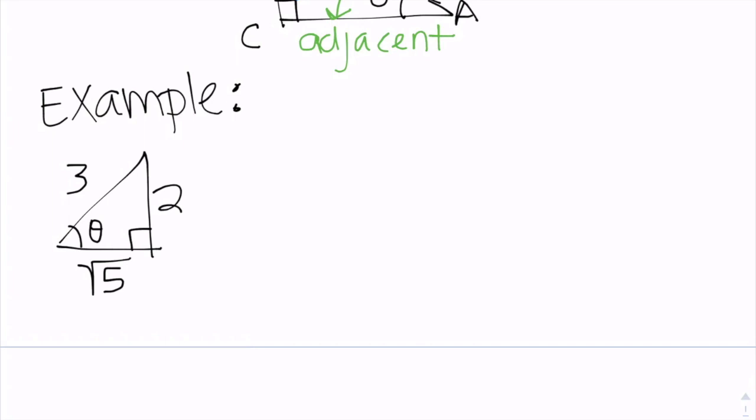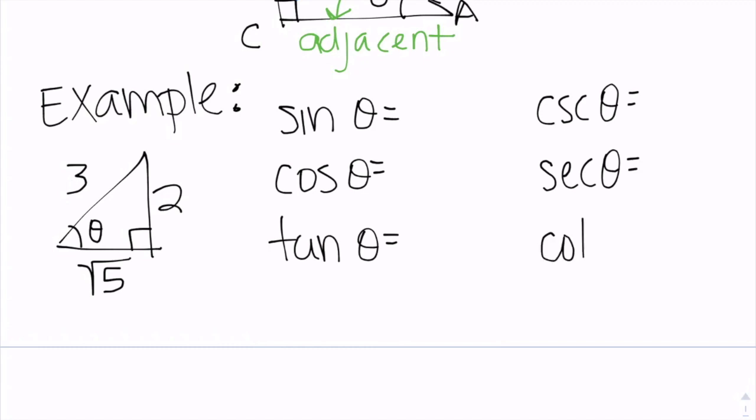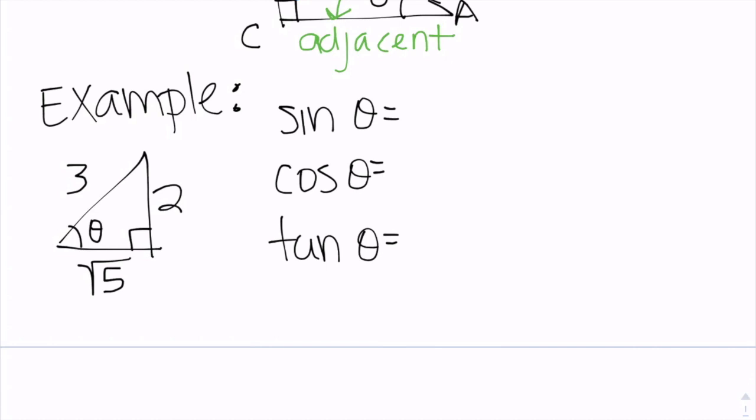So that means we need to find sine of theta, cosine of theta, tangent of theta, and then we also need to find cosecant of theta, secant of theta, and cotangent of theta. Actually, I'm going to write these 3 below just so it gives me more room to work.